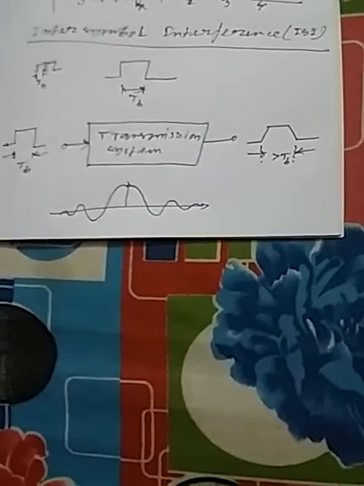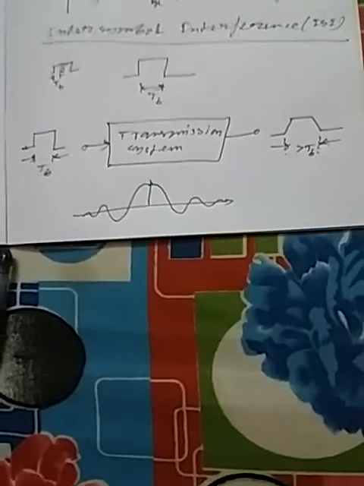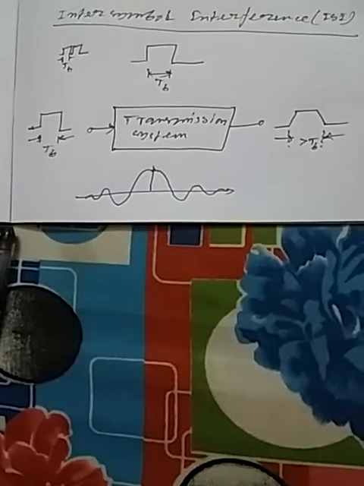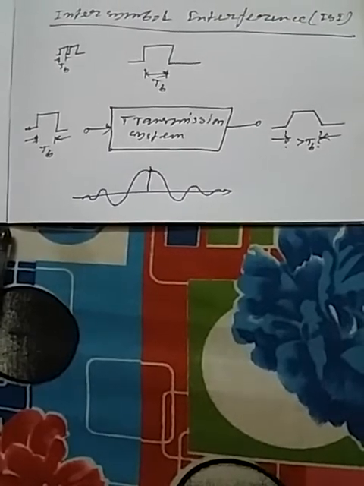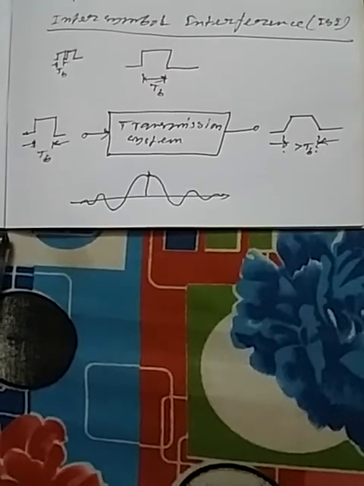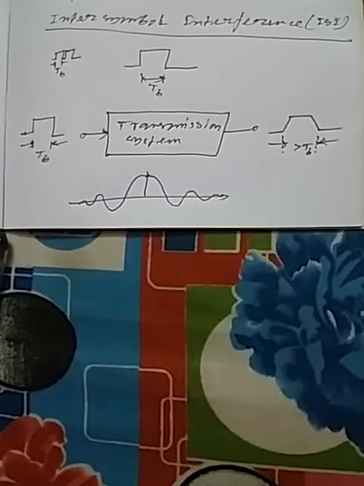So the sinc pulse is a better choice for transmitting the bit. This is known as Nyquist pulse shaping. The sinc pulse is transmitted to have a 0 ISI.